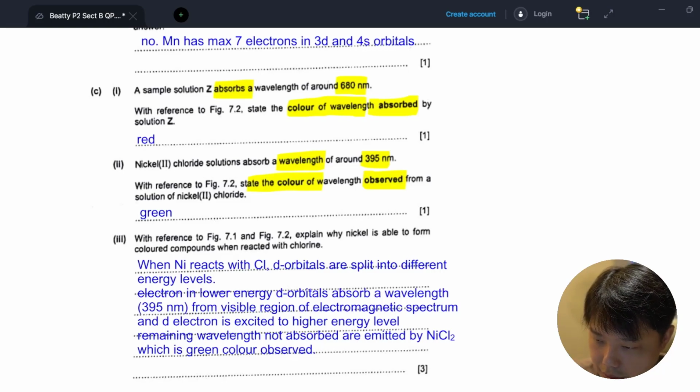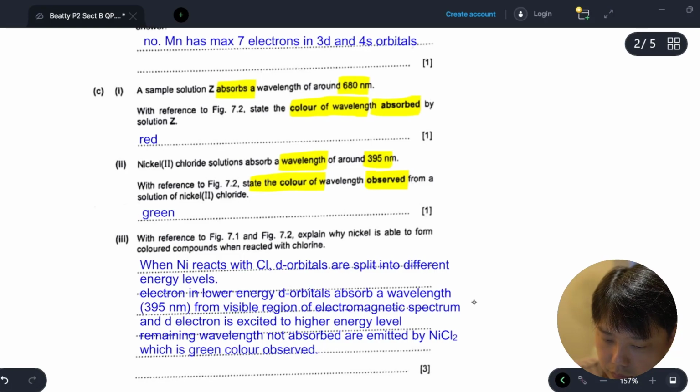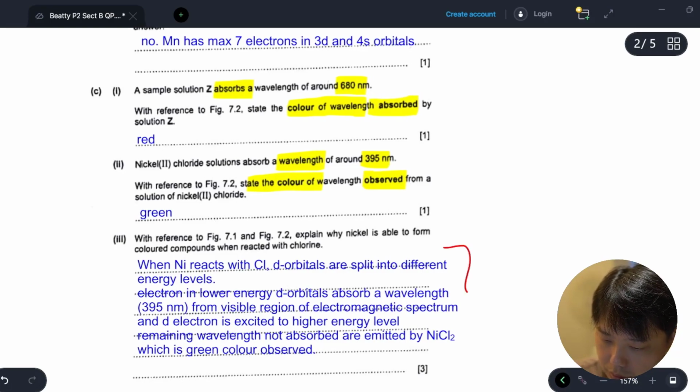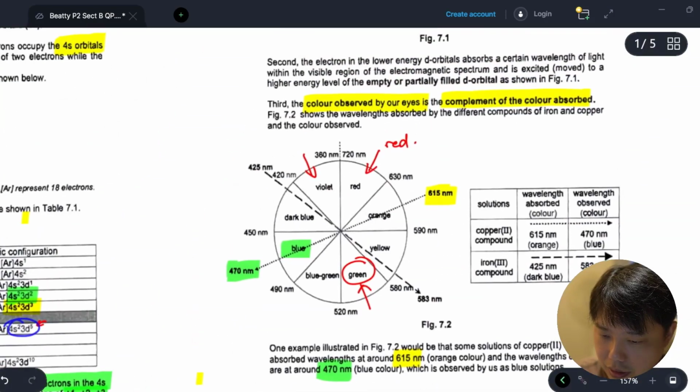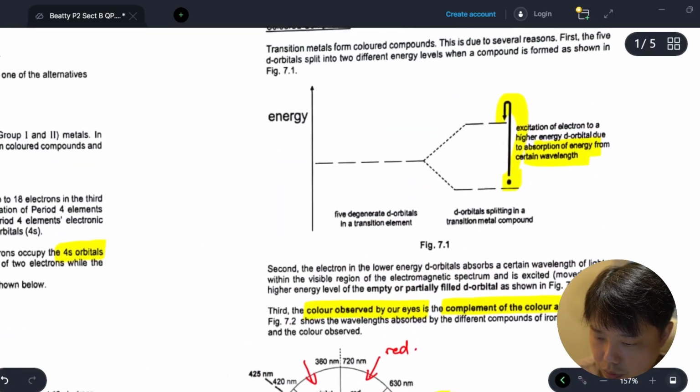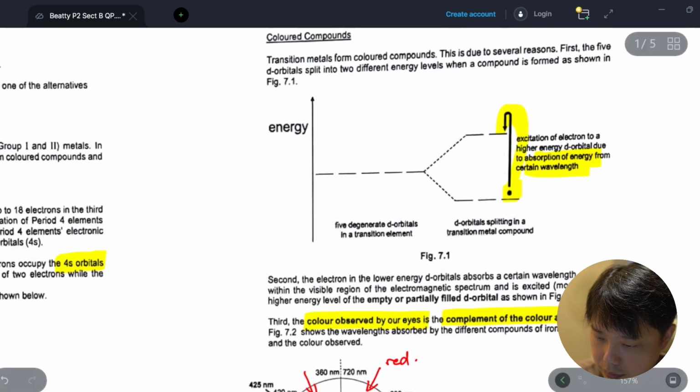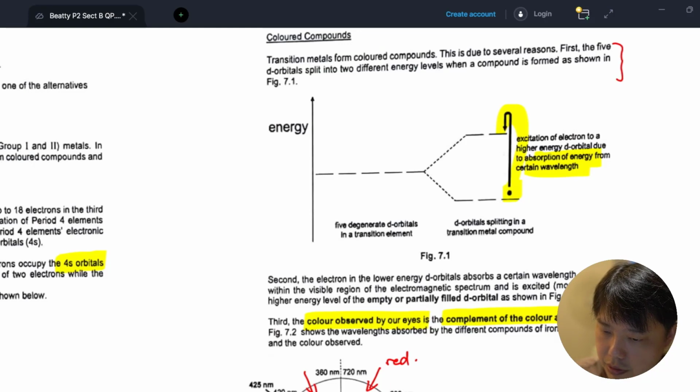This part is basically the whole explanation that they have given to you right here. First, the d orbitals split into different energy levels, and then the electrons are excited to a higher energy d orbital, and they absorb energy from a certain wavelength.